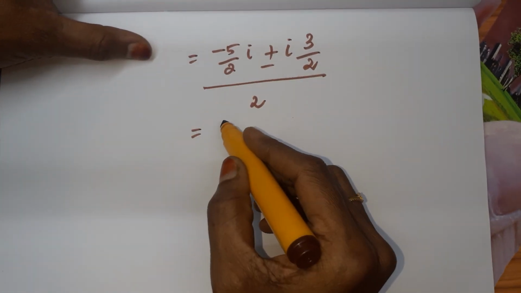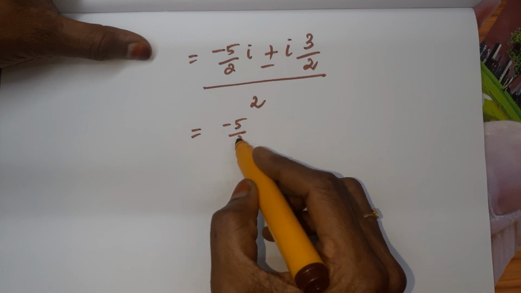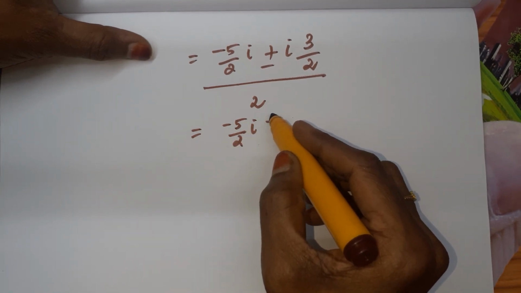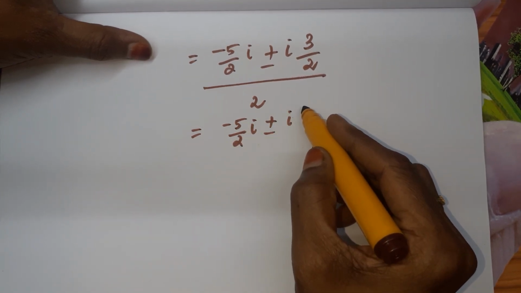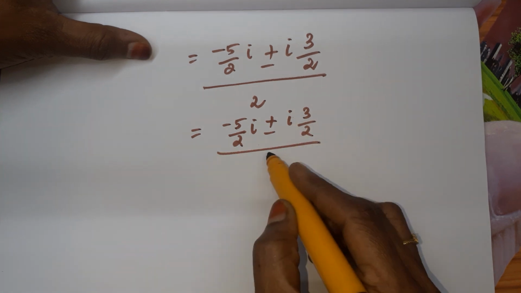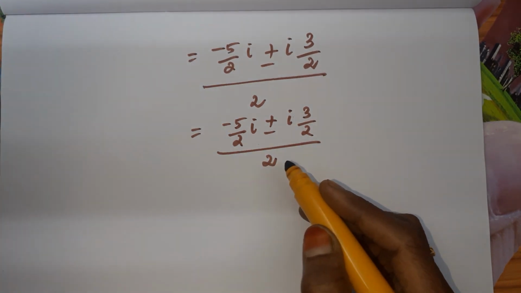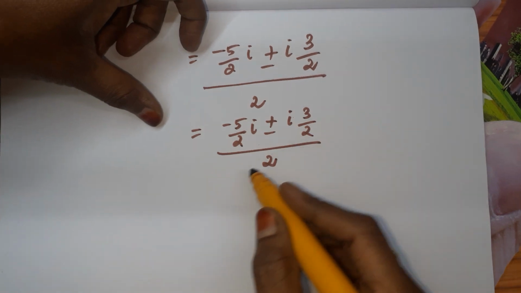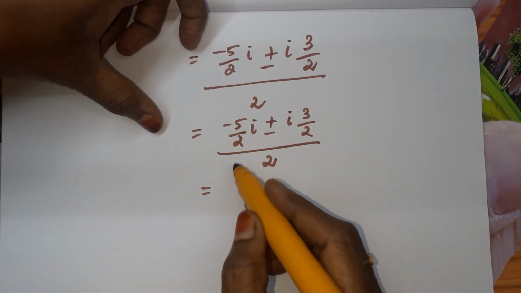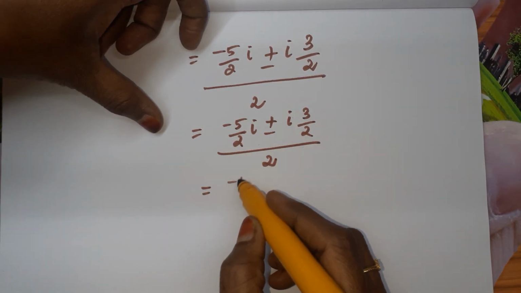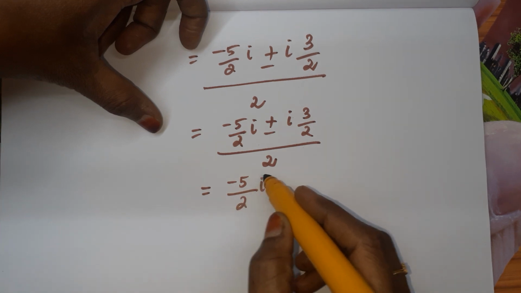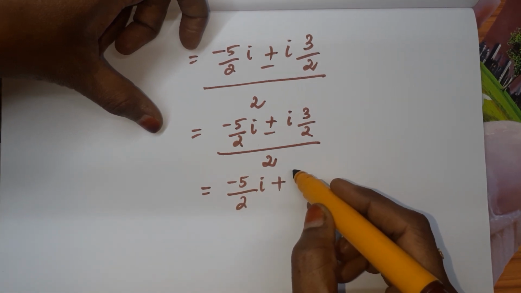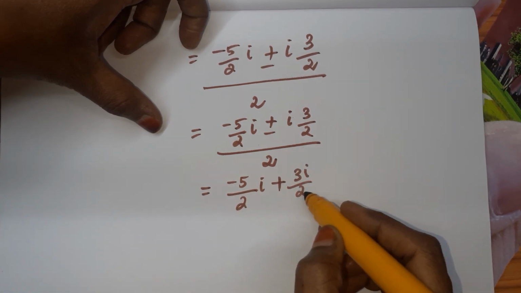All are having 2 now. Minus 5 by 2 I plus or minus I 3 by 2, by 2. So which can be written as this, taking the LCM, minus 5 by 2 I plus 3I by 2, by 2.